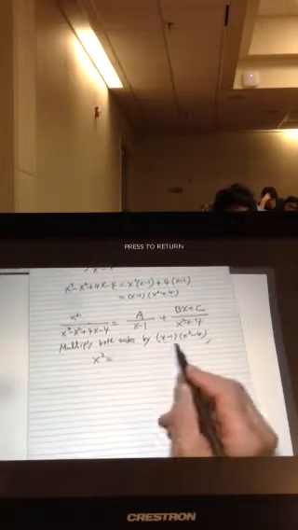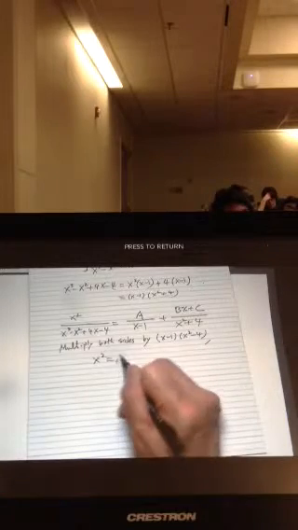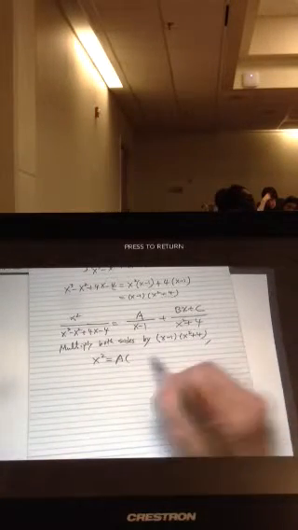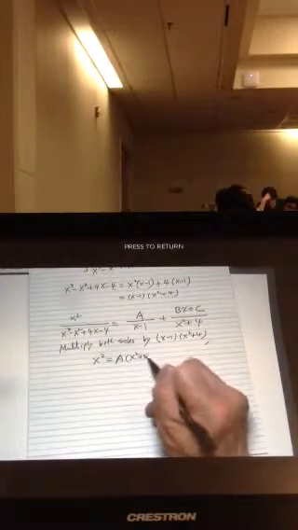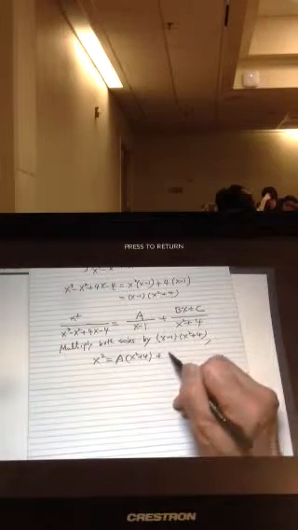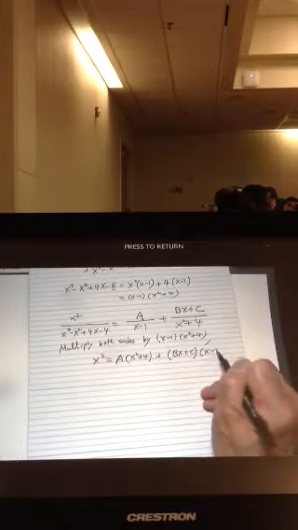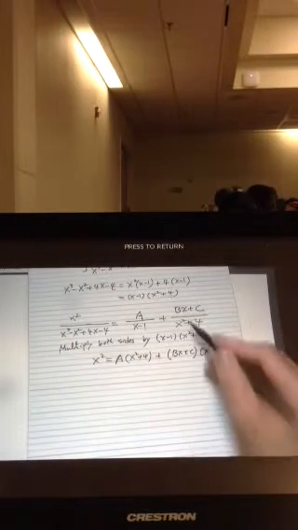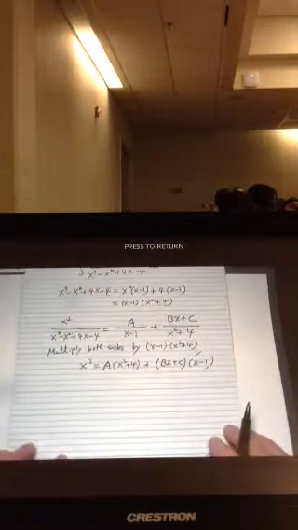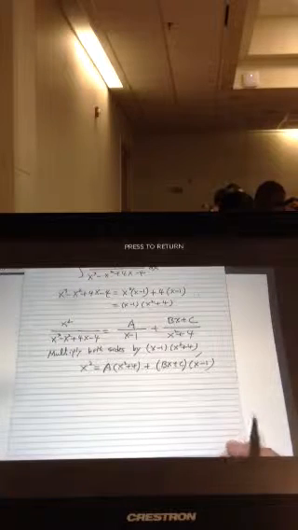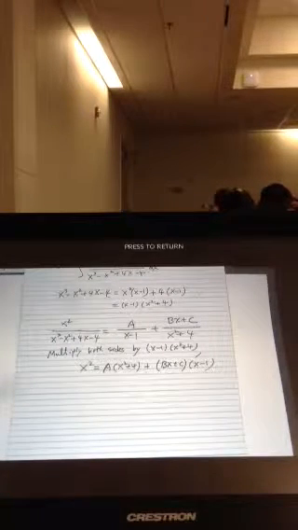And then x minus 1 cancels, so A times (x squared plus 4) plus (Bx plus C) times (x minus 1). Okay. All right, again, I have to do the trick to find the value of A, B, C.